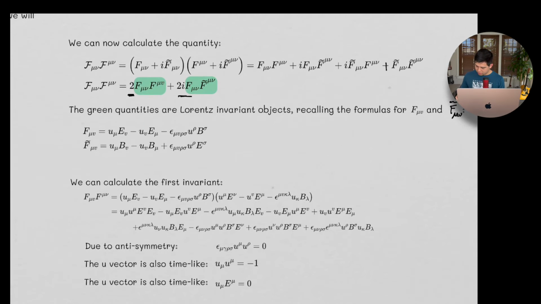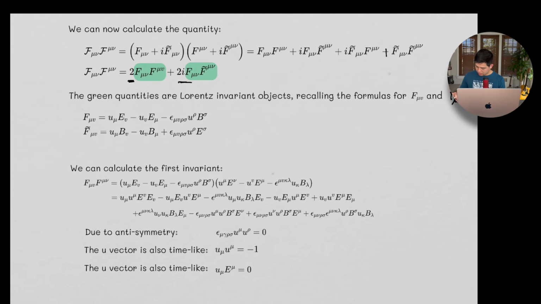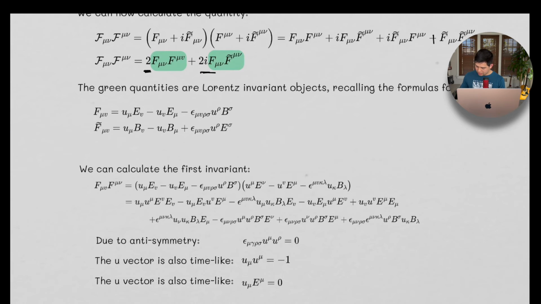The green quantities are Lorentz invariant objects, recalling the formulas for F mu nu and the dual F mu nu. So these guys are Lorentz invariant objects, or these things are the building blocks of Lorentz invariant objects, because now we can contract things.